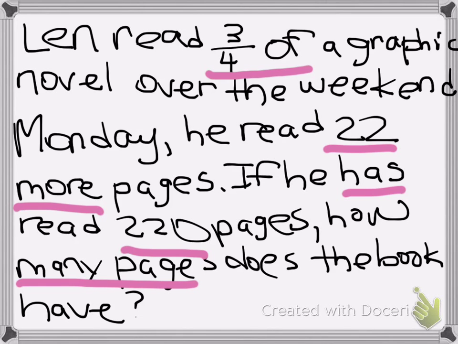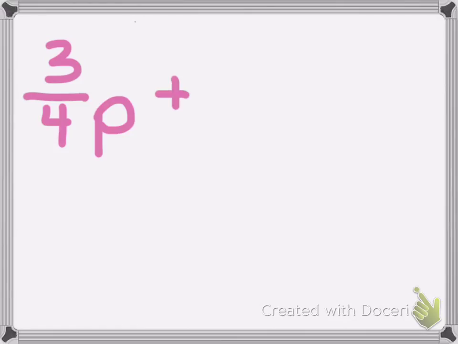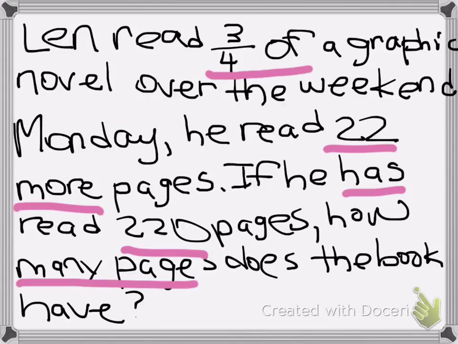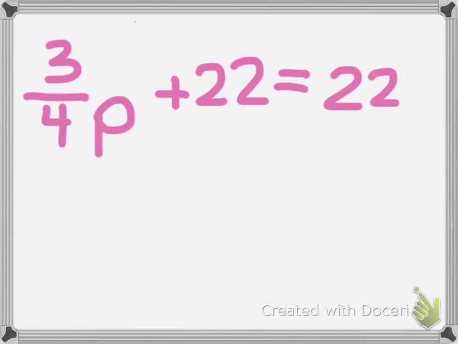So if we do this on the next page, I have 3/4 of the pages in a novel, which we don't know, plus 22 more pages that he read on Monday, and that is equal to our total pages that we have, which is 220. So that would be my setup.